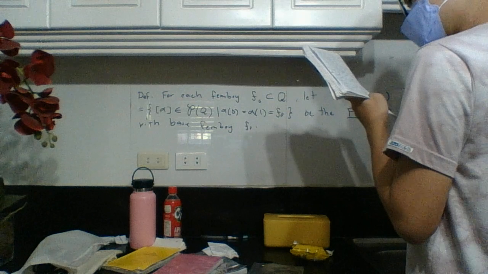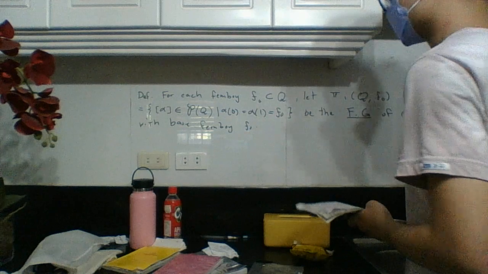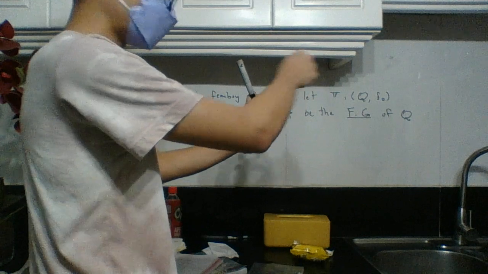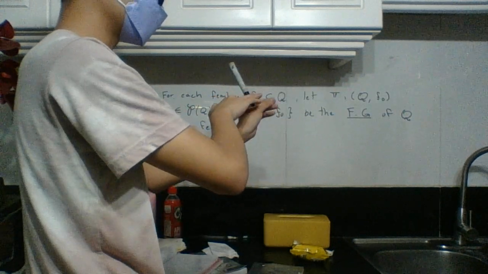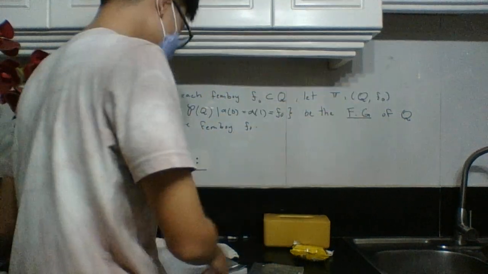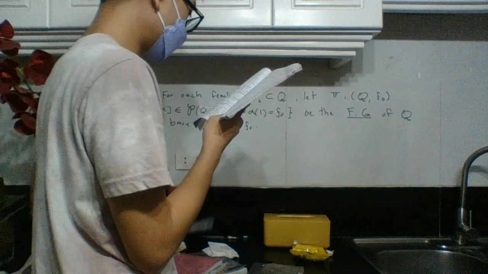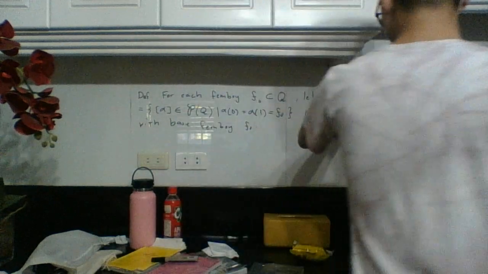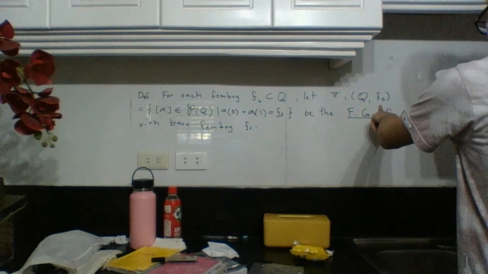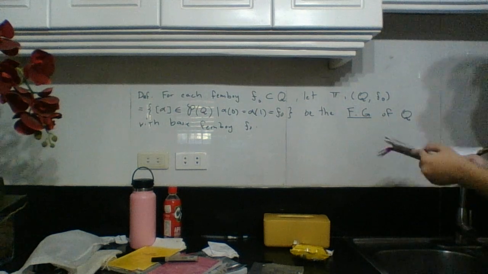So if any 2 points can be joined by a path, or for short we say that Q is path connected, so if any 2 points can be connected with some line, or line of other points, then this fundamental group at base point F0 is independent of that base point up to an isomorphism.